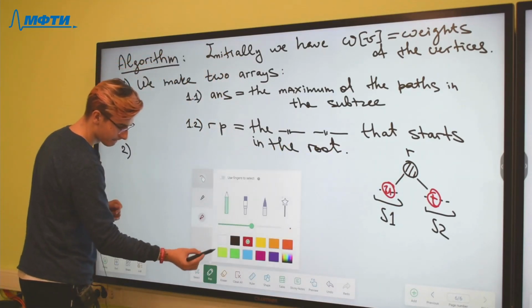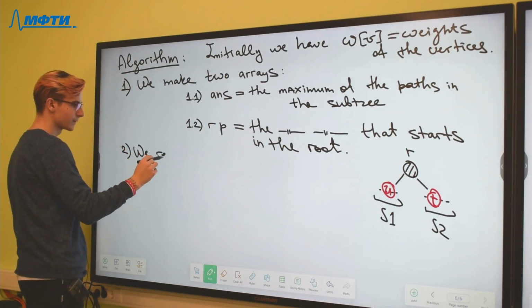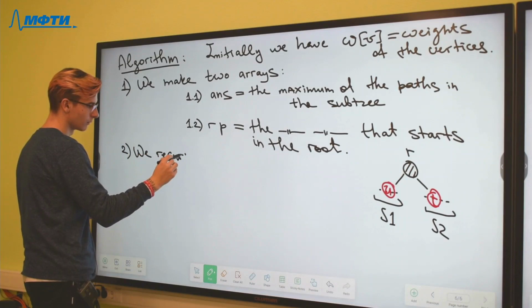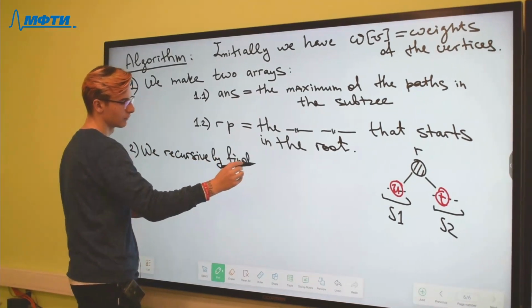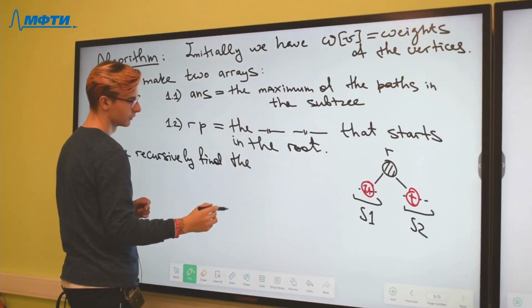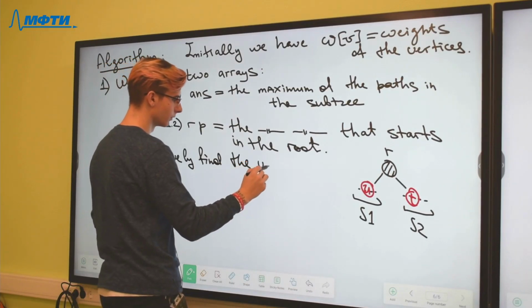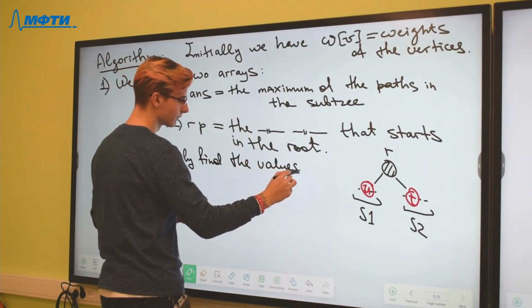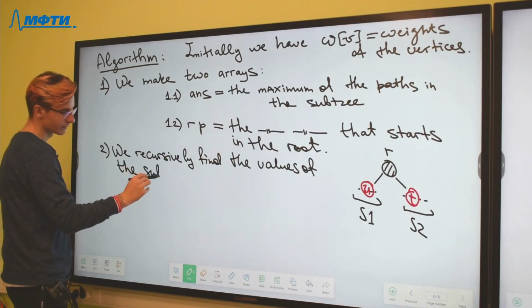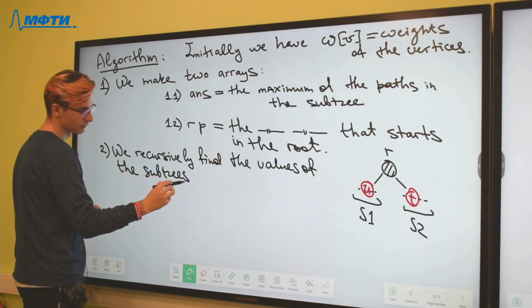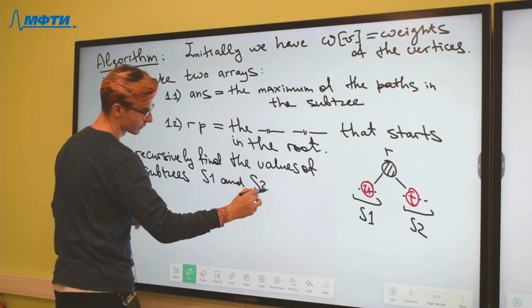So, recursively, find the values of the subtrees S1 and S2.